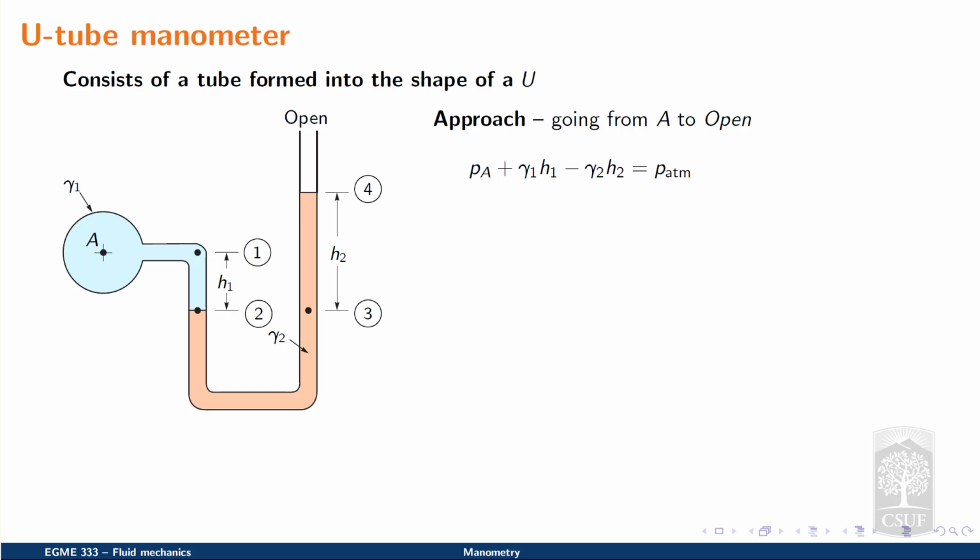So at point 4, all of this should equal the atmospheric pressure. Going from point A all the way to point 4, I should essentially get to the atmospheric pressure P sub ATM. Now, the point of interest is point A, so I can simply solve for it and get that the absolute pressure at point A, P sub A, is equal to the atmospheric pressure P sub ATM plus the product of the specific weight gamma sub 2 times h sub 2 minus gamma sub 1 times h sub 1.